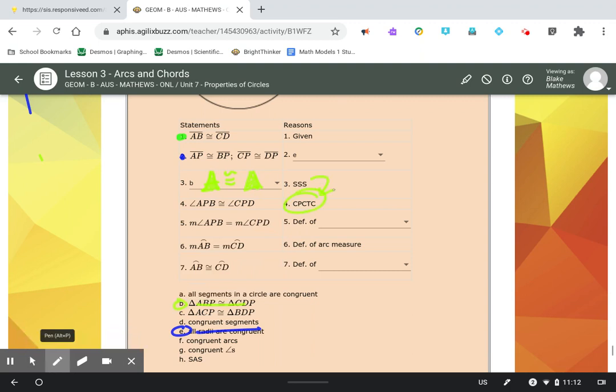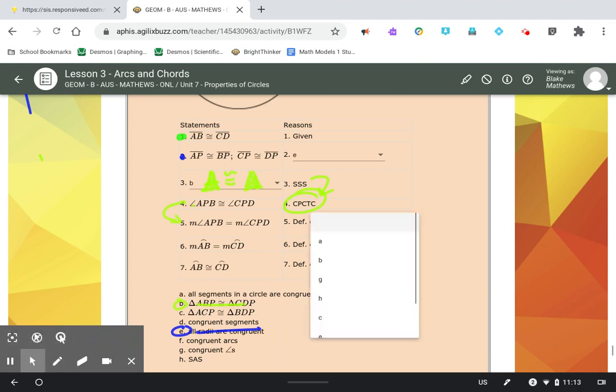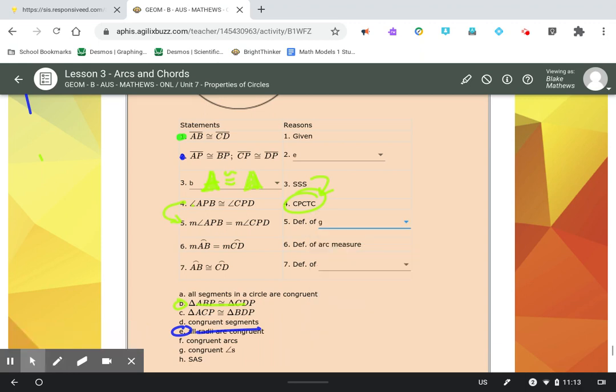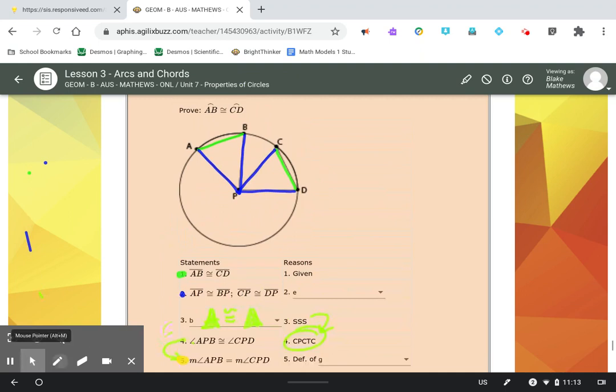Then we have angle APB is congruent to measure of angle CPD. That's coming from 4. You can see these are almost the exact same thing. One is congruent, one is equal. That means we're doing congruent angles. The definition of congruent angles is G. So that's how we know that. Then it says arc AB is congruent to arc CD. So now they're jumping over to the arcs.